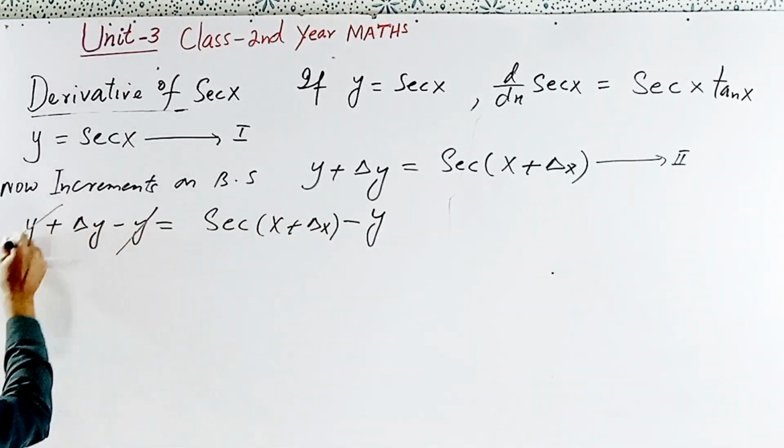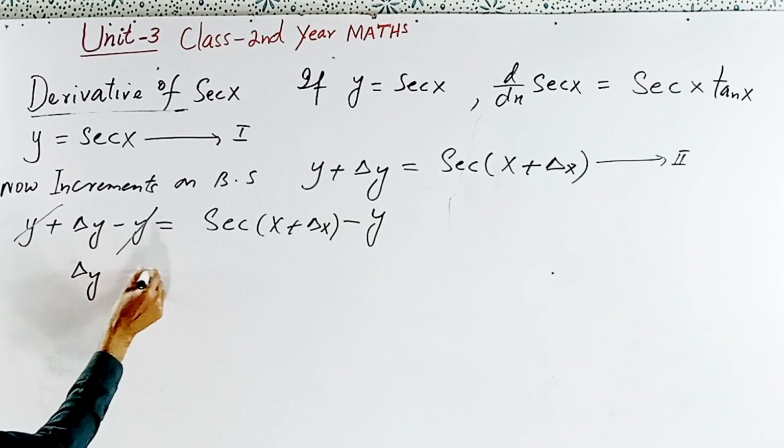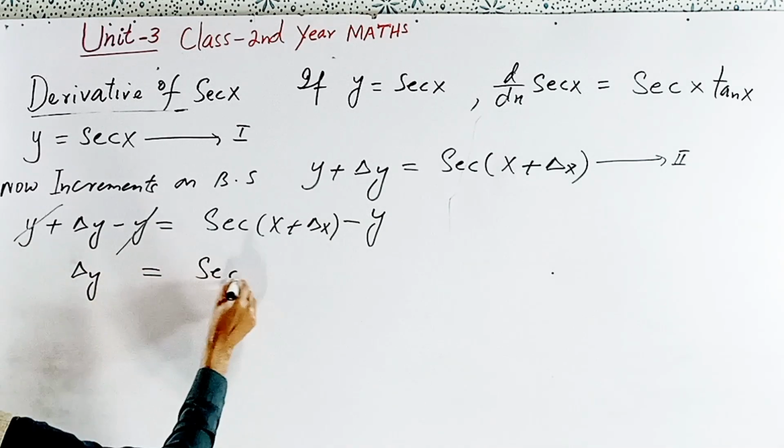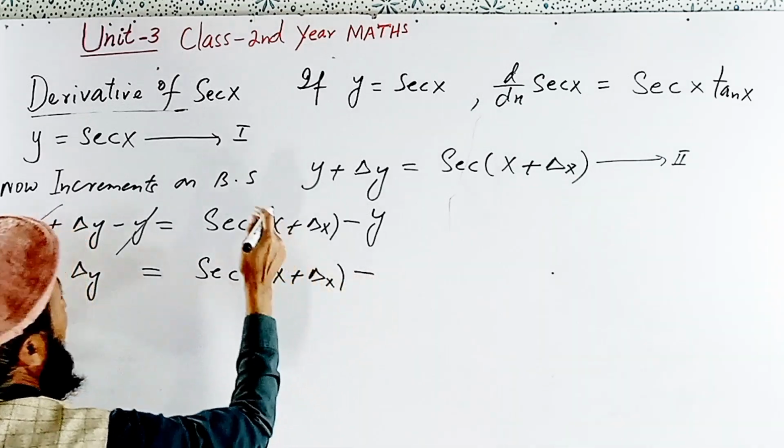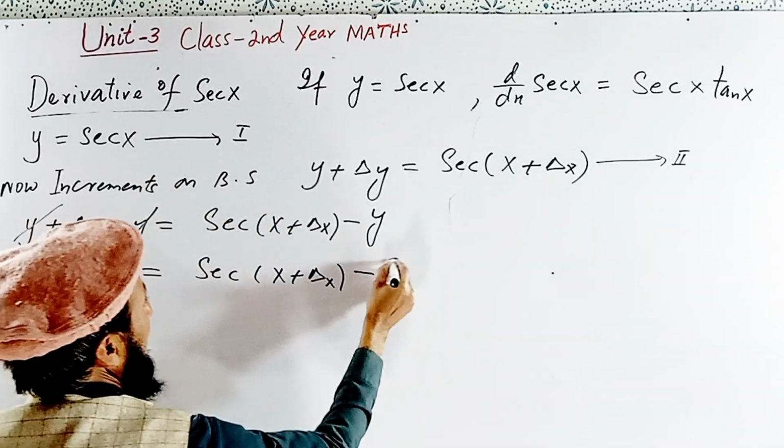So y is cancelled. We get delta y is equal to secant of x plus delta x minus y. In the place of y, we put secant x.